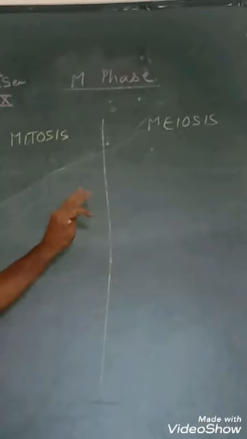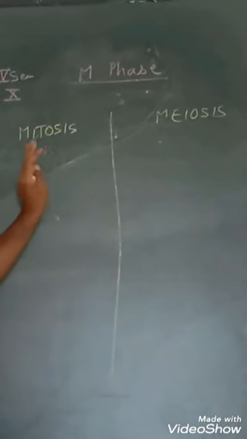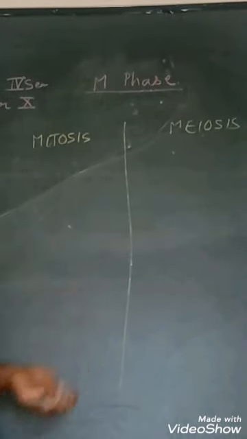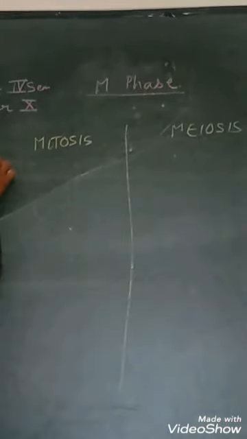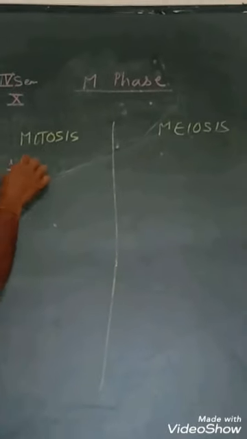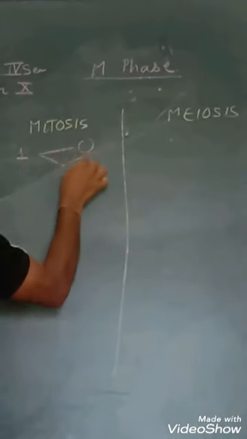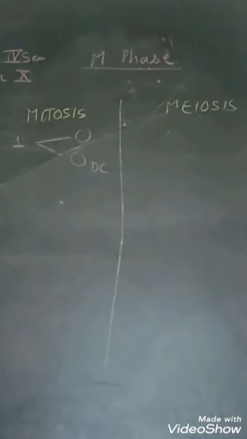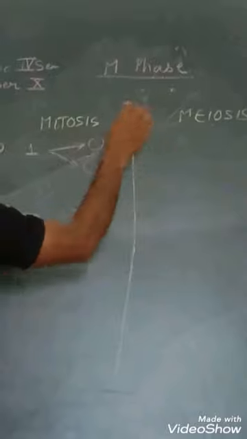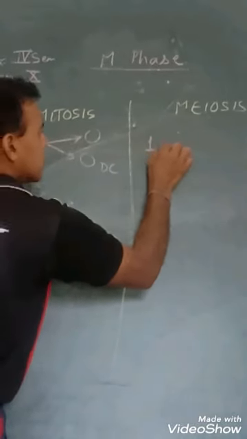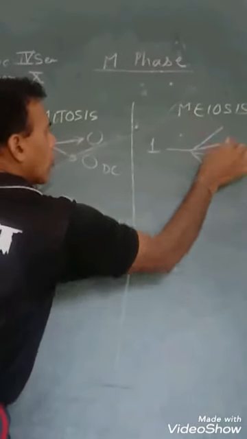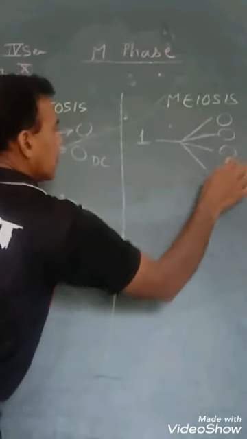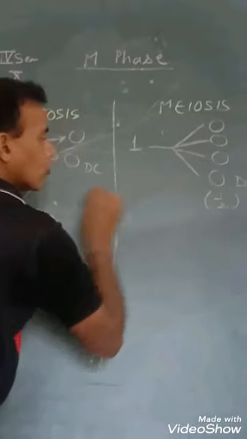Now in the last, before concluding this lecture, I would like to differentiate mitosis and meiosis. In mitosis, out of one cell we get 2 daughter cells with no change in chromosome number, whereas in meiosis from one cell we get 4 daughter cells with half the chromosome number.